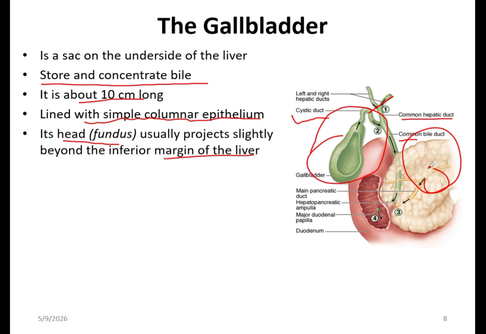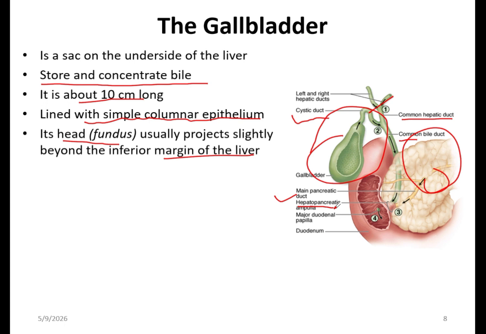In the pancreas it releases the main pancreatic duct, and the pancreatic duct and the common bile duct mix again and are known as the hepatopancreatic duct.